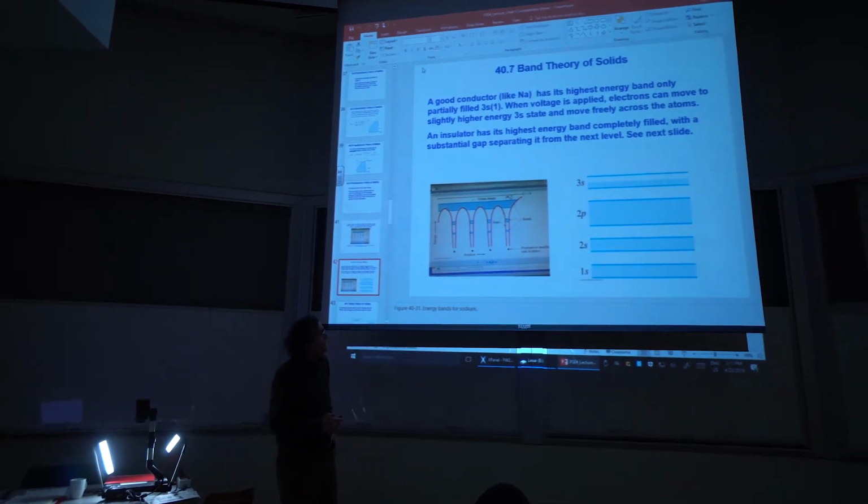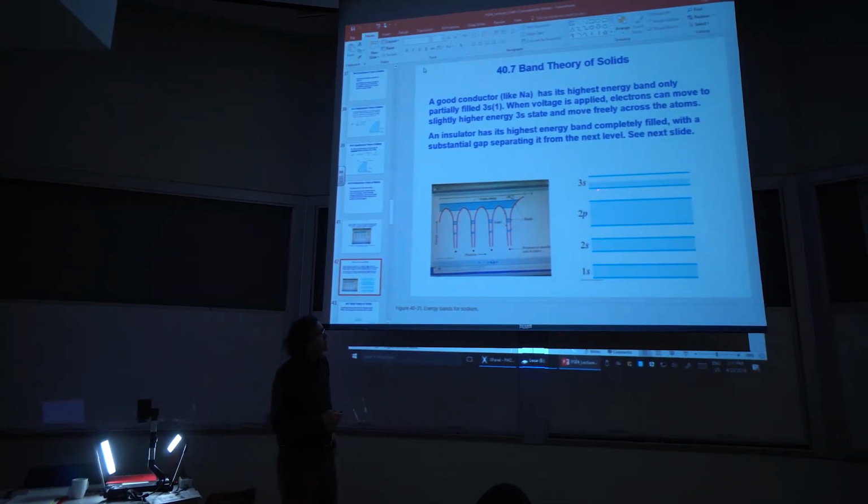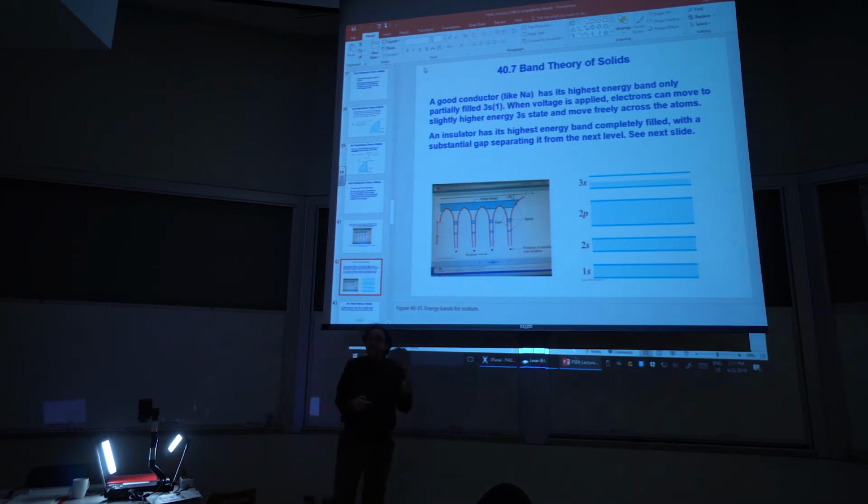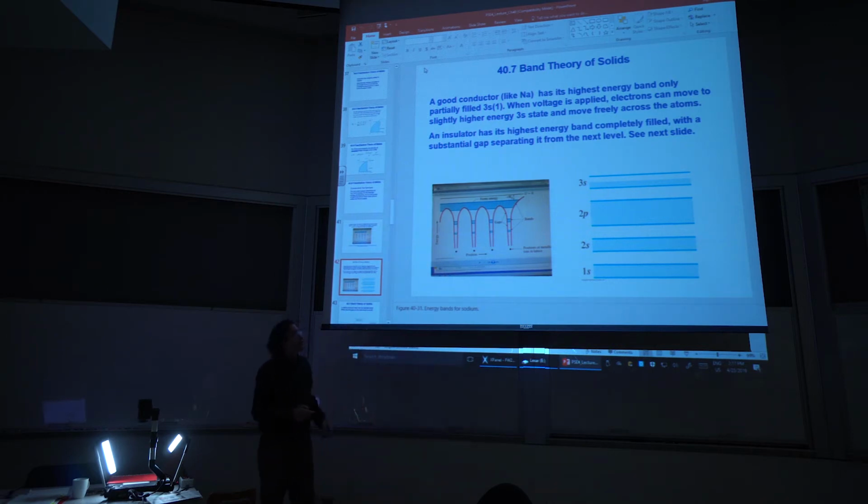We represent that by this half-shaded area showing that there is one electron filling the 3s, but there is an unoccupied region up here which is also part of the 3s, because you can have two electrons in any given S state. You can have one with spin up and one with spin down. Right? And so if there's only one electron in the 3s, then there can be a second one, which of course is not shown here because the blue shaded means that these lower energies are filled up.